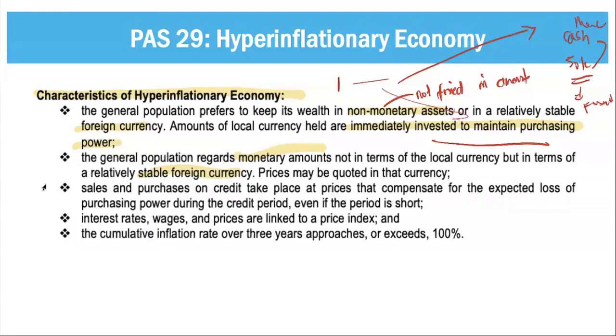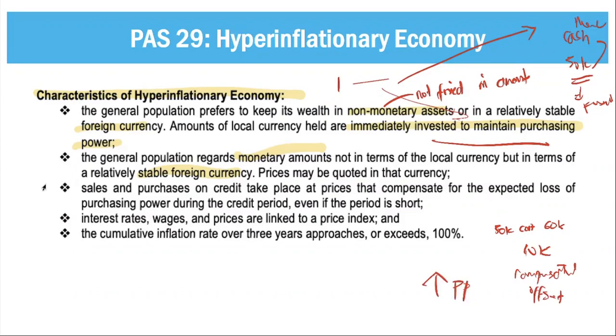So you purchase or sell on credit and you compensate for any expected loss through the increase in purchasing power. For example, you have sold at 50,000, and the cost is 60,000. So there is a loss of 10,000. But that loss is compensated. What do we mean when we say compensated? It means it is offset by the increase in purchasing power.